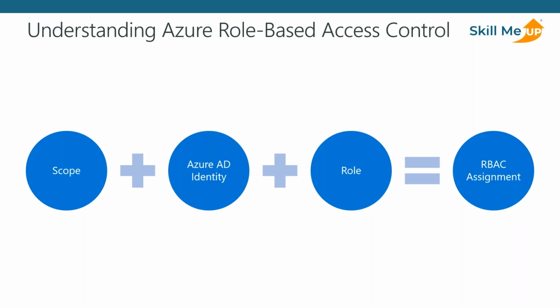So I have a couple of more detailed scenarios here for your consideration. But all in all, the key parts of role-based access control are really the possibility of assigning the specific scope, the Azure identity, user, group, or application, and finally the role.